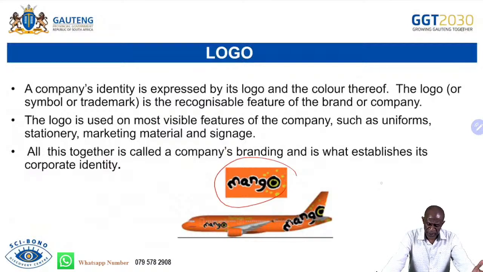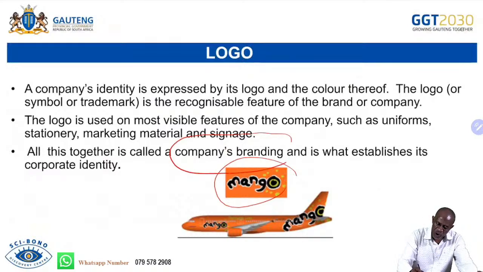Altogether, the logo, as well as other features that are visible, such as uniforms, marketing material, and signage, cumulatively are called the company's branding, the brand of a company.